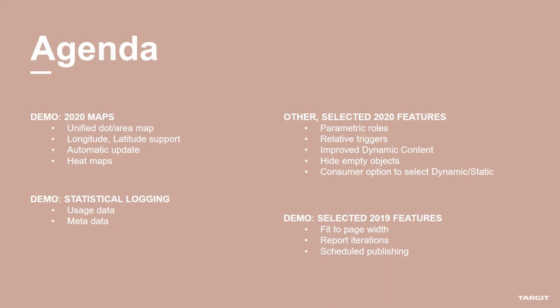And furthermore, with these longitude and latitudes, maybe you have mapped, let's say, 3,000 dimension members onto your map. If another dimension member should go in there, maybe a new customer, well, if they go onto your dimension table with their name and longitude and latitude, it will be automatically picked up by the map and placed in the correct place on the map.